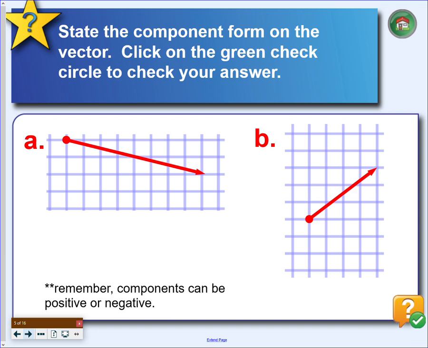Helpful to remember, like it says down here, you've got an x, y axis right here. That's positive x, positive y, and negative y.